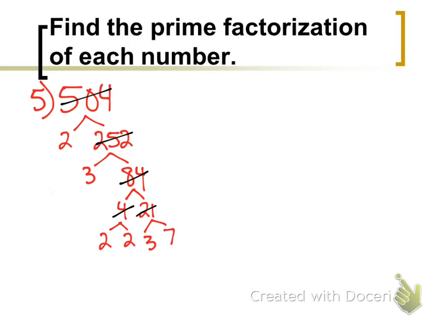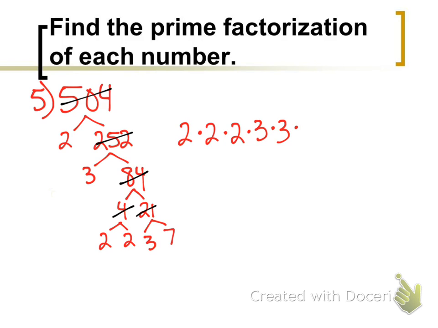So now, are we done breaking things down? Yeah, we can't break down 2s or 3s or 7s. 7 is also a prime number. So we're ready to write our list. How many 2s are going on my list? 3 of them. 2 times 2 times 2. How many 3s are on my list? 2 of them. 3 times 3.